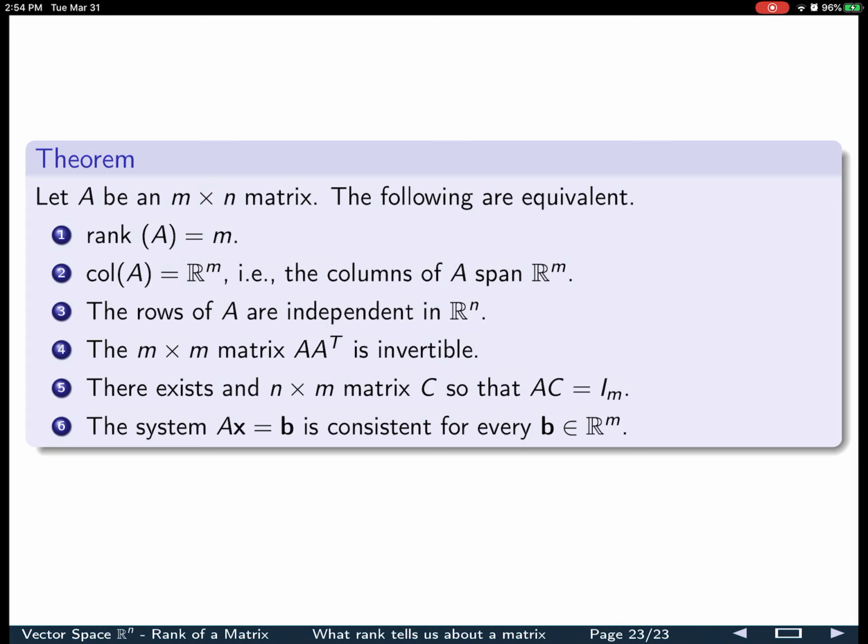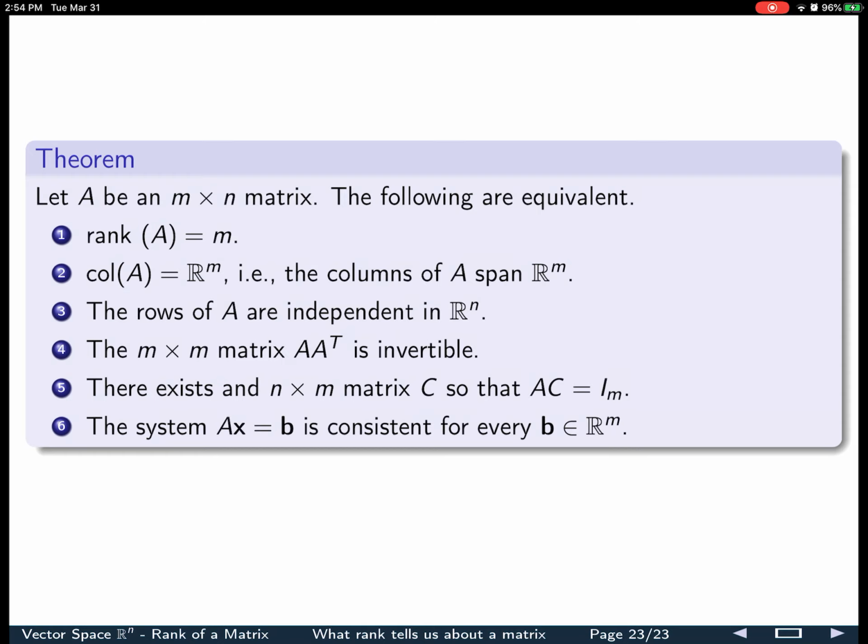And this system, Ax equals b, is consistent for every b. That's really saying the same thing as number 2, which is the easiest connection to make for me, that the columns of A span Rm. That means that system would be consistent. We could find a solution every time for that system, Ax equals b.